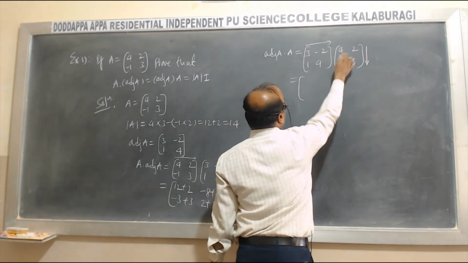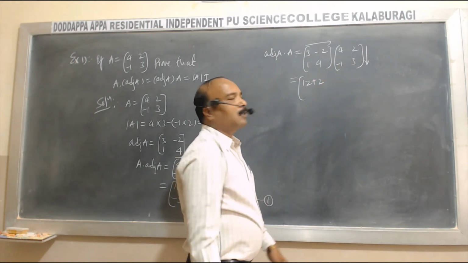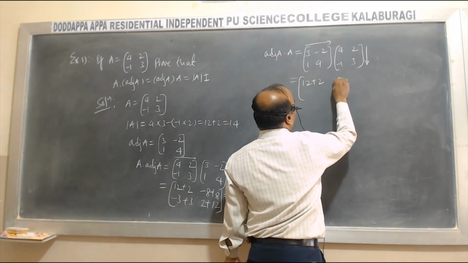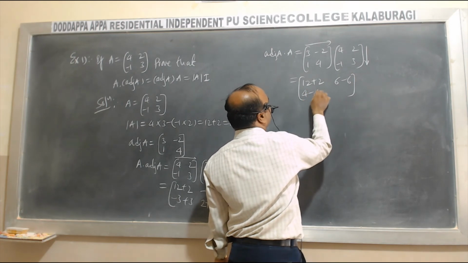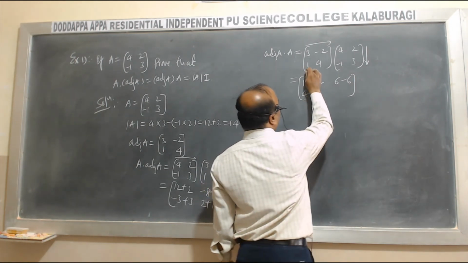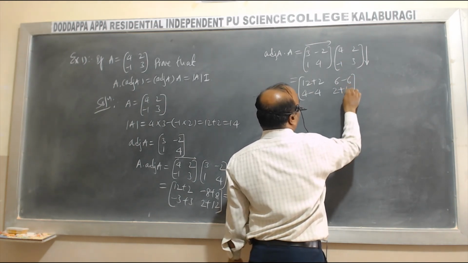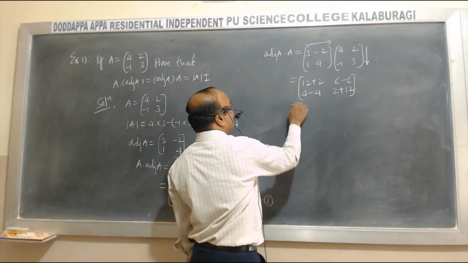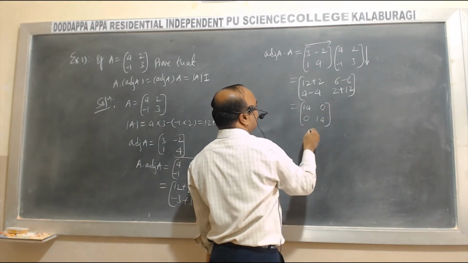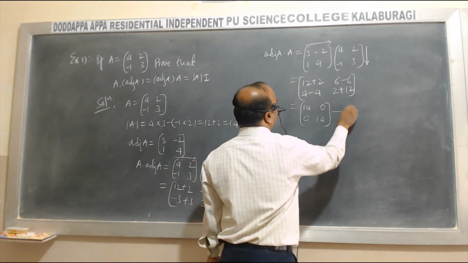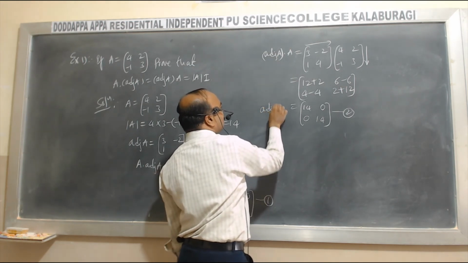It is 3 into 4, 12, minus 2 into minus 1, plus 2. Here 3 into 2, 6, minus 2 into 3, minus 6. 1 into 4, 4, it is minus 4. Next second row, second column: 1 into 2 plus 4 into 3, 12. So you get [14 0; 0 14]. So you call this equation number 2. It is adjoint of A into A.